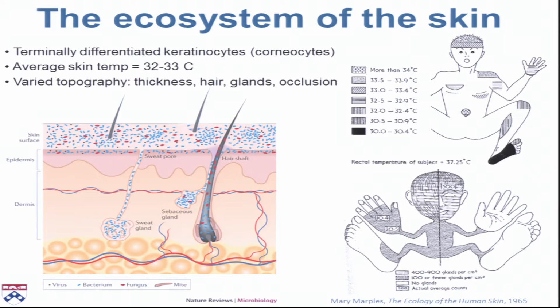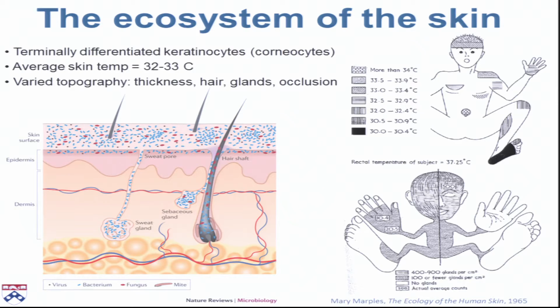Compared to body temperature, the skin temperature is quite a bit cooler, and our average skin temperature is 32 to 33 degrees Celsius. So you can imagine that in addition to the fact that we're constantly sloughing off skin cells from the surface and our temperature is lower, this is going to result in a very specialized sort of niche for skin microbes to live.